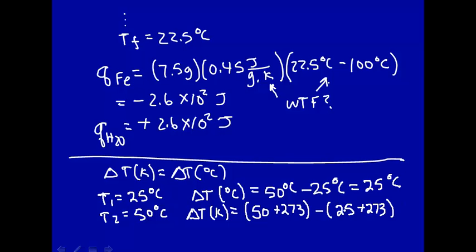Note that this is 50 minus 25 plus 273 minus 273, so that cancels out, and we just get 25 Kelvin. So a delta T in Kelvin is a delta T in degrees C. That's why we could use degrees C here with Kelvin. This delta was the same regardless of whether we used degrees C or Kelvin.